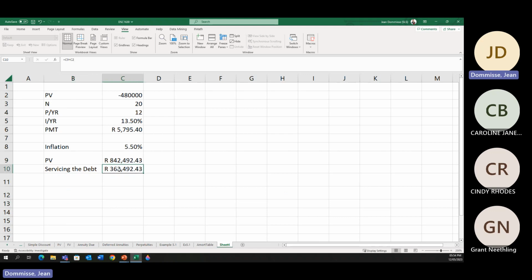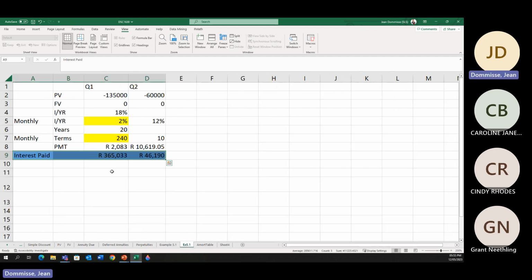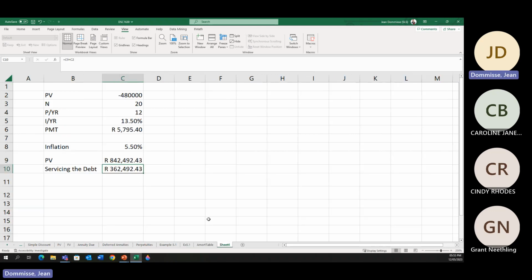Okay, so again, like in the previous one, let's just call it the same thing, servicing the debt. So basically what we did there and what we did here was exactly the same.